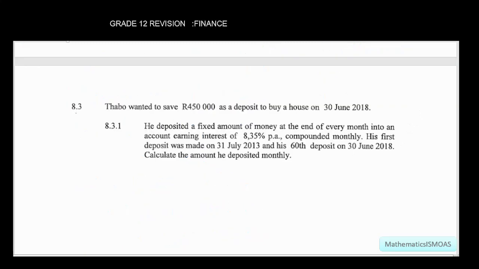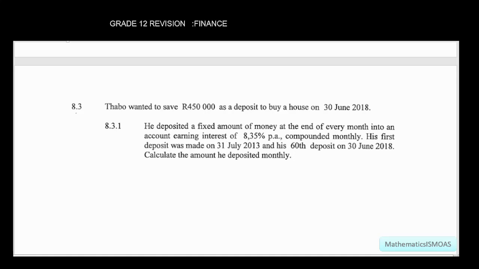All right. Now we are on question 8.3. Thabo wanted to save 450,000 as a deposit to buy a house on 30 June 2018. 8.3.1, he deposited a fixed amount of money at the end of every month into the account earning interest of 8.35% per annum, compounded monthly.